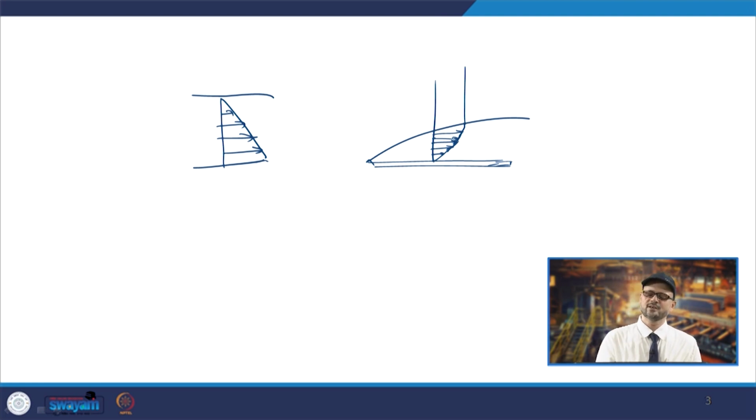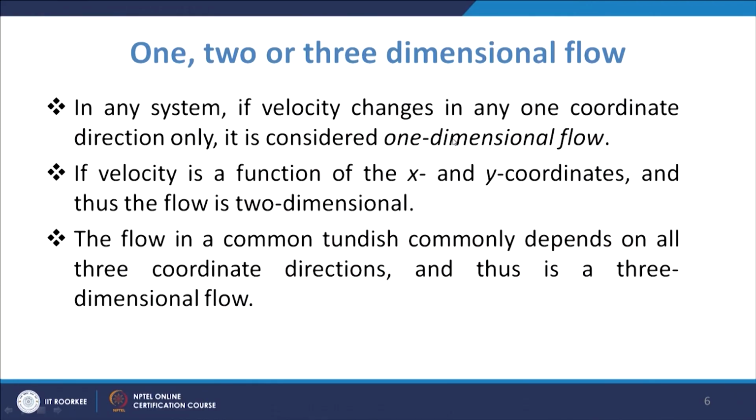As you move here, it is changing. So, the velocity will be a function of the x and y coordinates. That is why the flow is said to be two dimensional.